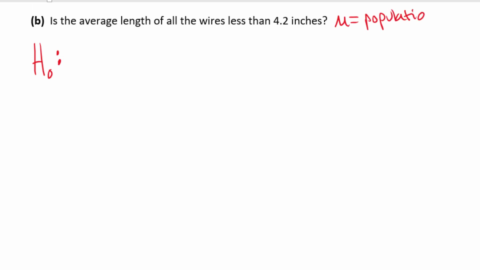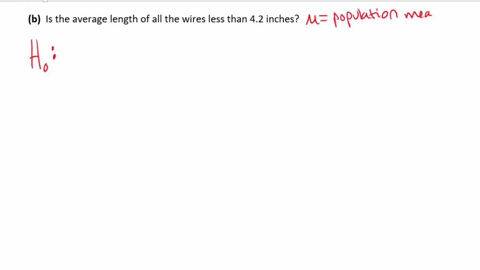So in this problem, we are asking, is the population mean, the mean of all the wires' lengths, equal to 4.2? So that's the null hypothesis, that mu is equal to 4.2. Again, remember, the null hypothesis always contains the equal sign. It's the thing we're going to assume is true as the first step in our hypothesis testing process.